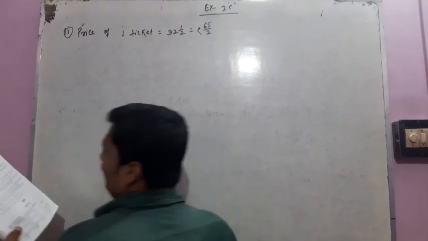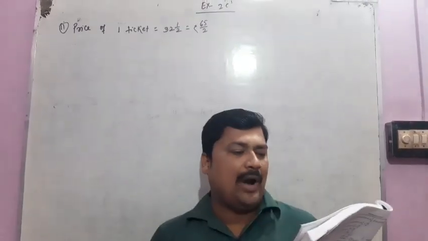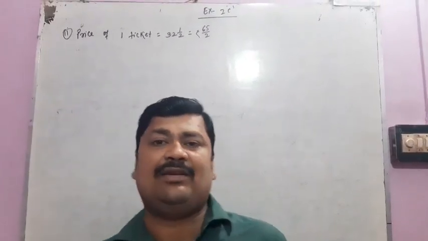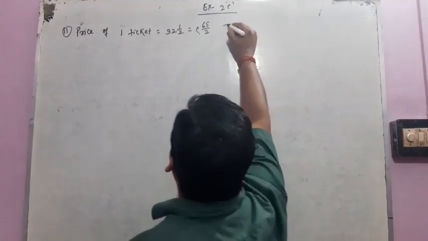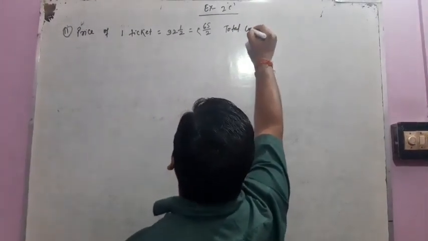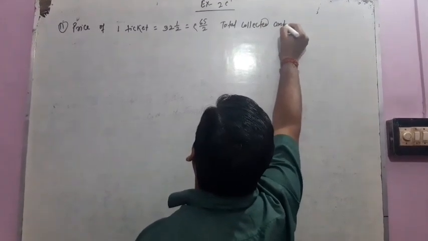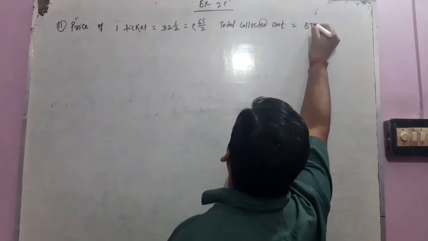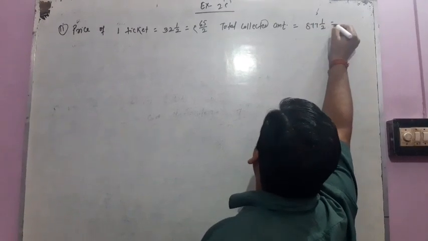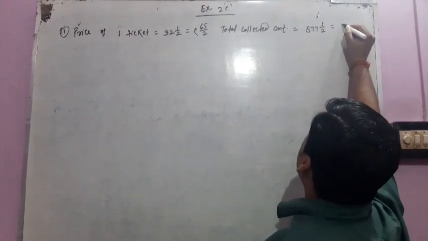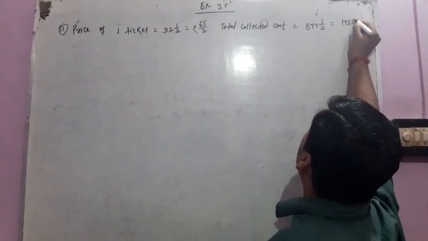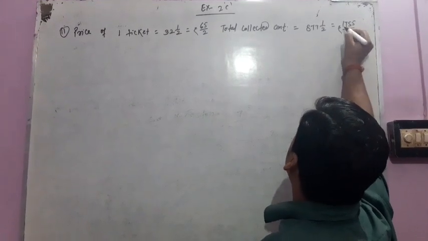That is the price. And the total amount collected by a boy is 877 whole 1 by 2. Total collected amount, that is 877 whole 1 by 2, that is 1755 by 2 rupees.